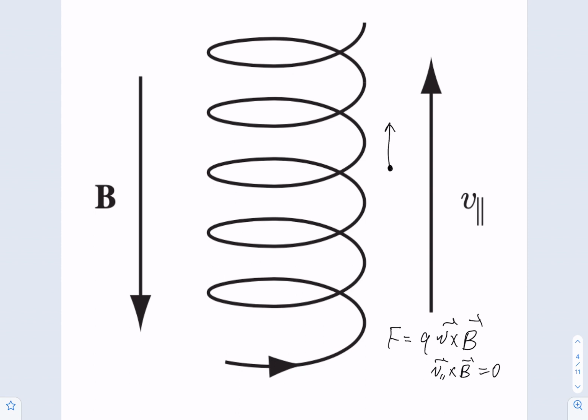But if there is any velocity along the perpendicular direction, then it will form a closed loop in the perpendicular direction. Meanwhile, in the parallel direction, it follows a straight line. So if you combine these two motions, it will be a spring-like motion.